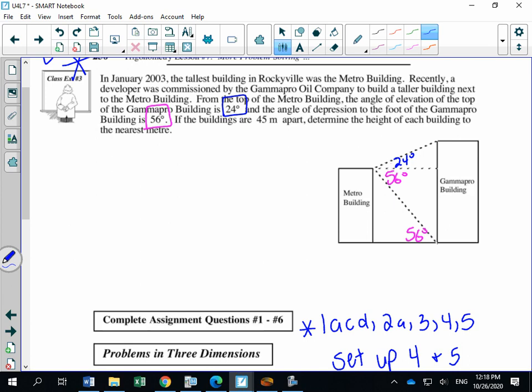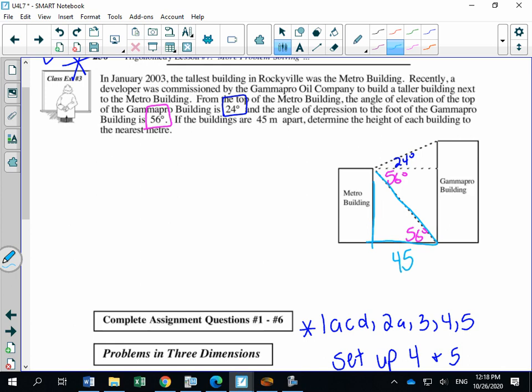And then the buildings are 45 meters apart. So put your 45 meters in a couple different places. I would put your 45 meters right here, because I could now calculate the height of the Metro using that triangle there.